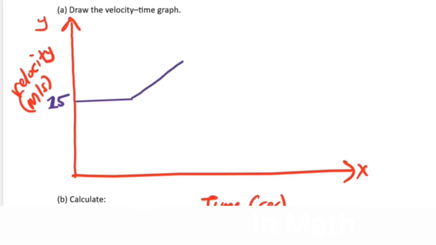And then we are told that after the 8th second, it accelerates uniformly to attain a speed of 25. So from 15, the speed is increasing up to 25, and the time taken is 4 seconds. So therefore from 8 you add 4, you get to 12. And then from 15 to 25 we need to add 10, so that we get 25 at that point.